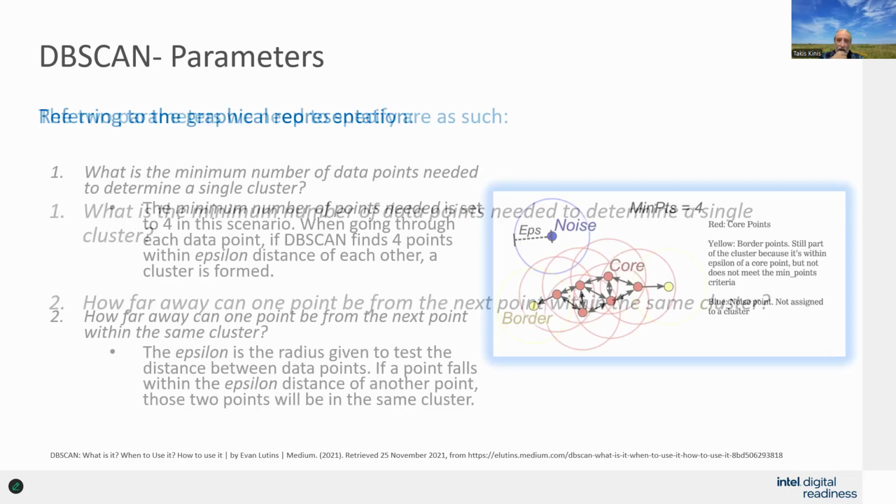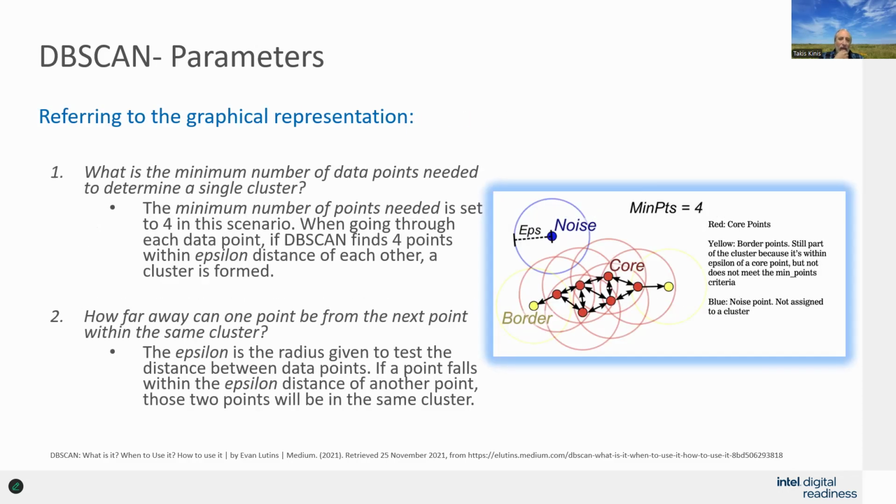All right, so these are kind of interesting things. So if we start to look at this in terms of graphics, it says, what is the minimum number of data points needed to determine a single cluster? And it says the minimum number of points needed is set to 4 in this scenario.